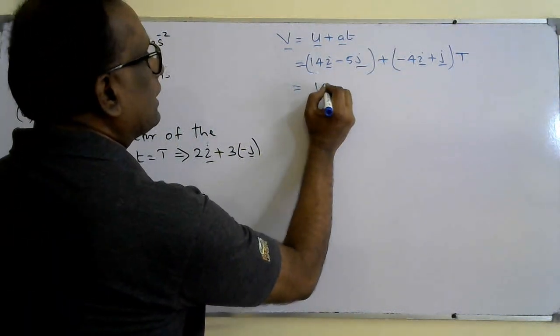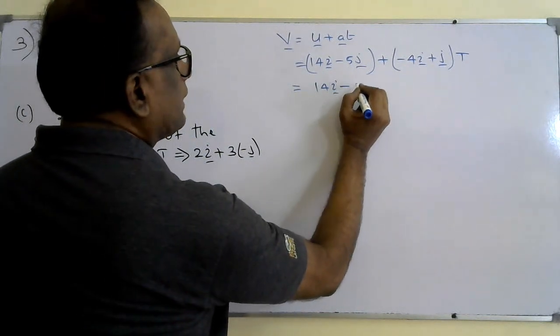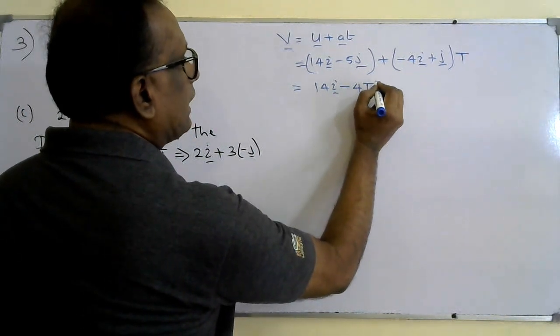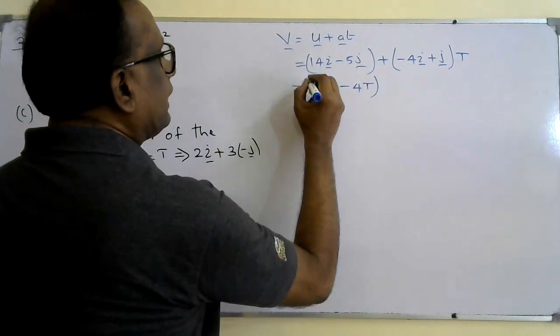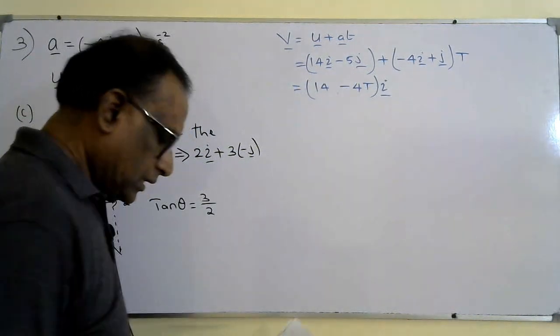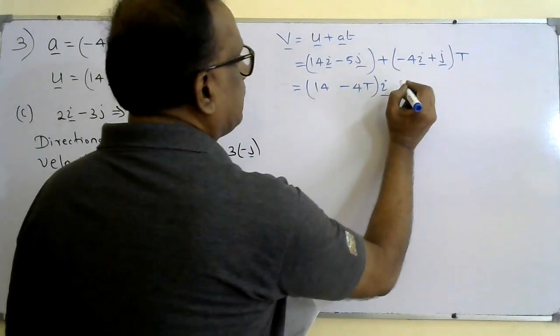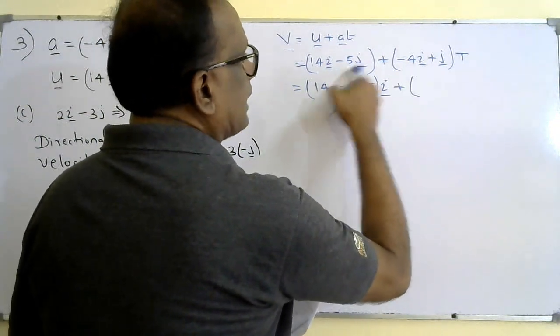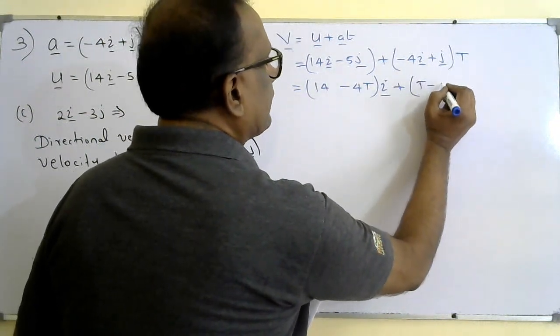It will become 14 minus 4t into i, plus j, so t minus 5j.